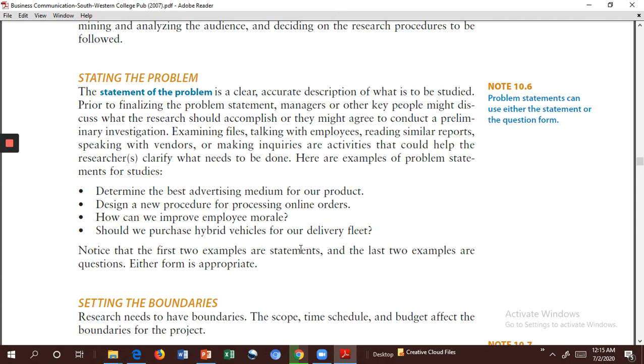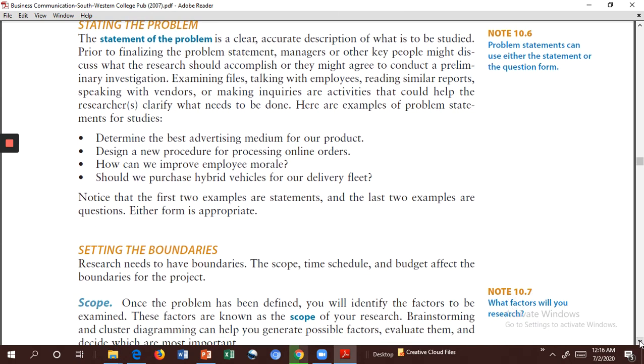Should we purchase hybrid vehicles for our delivery fleet? Now, see over here, all these statements tell us that the company is conducting the research to resolve an issue or a problem. All right, and there is a significance of that problem, right?